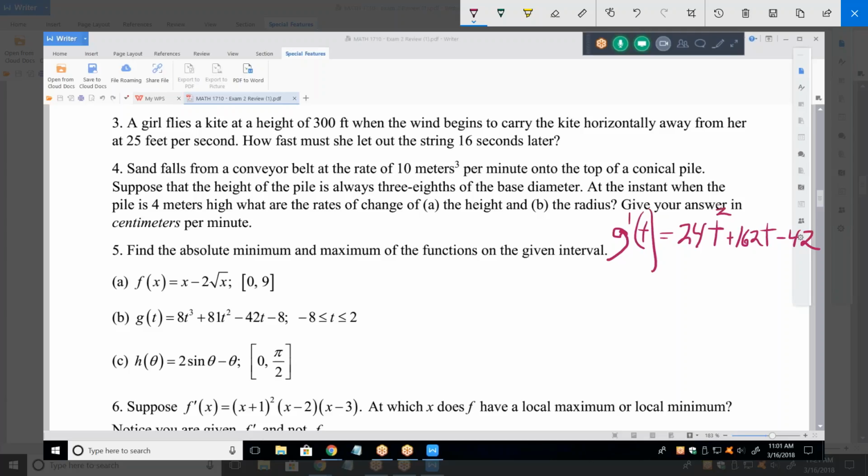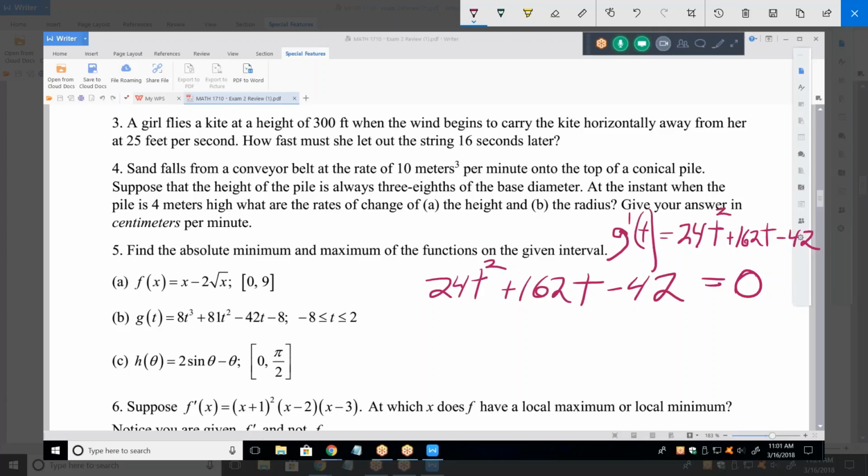Well, we're trying to put 0 on the other anyway, because we want to know where the first derivative is equal to 0. So I'm going to set it equal to 0 and then solve it. But if you don't put the 42 on that side, you won't be able to solve it. If there's no t term, then you can do it your way. But if there's a t term, it's impossible to solve by moving the 42 to the other side.